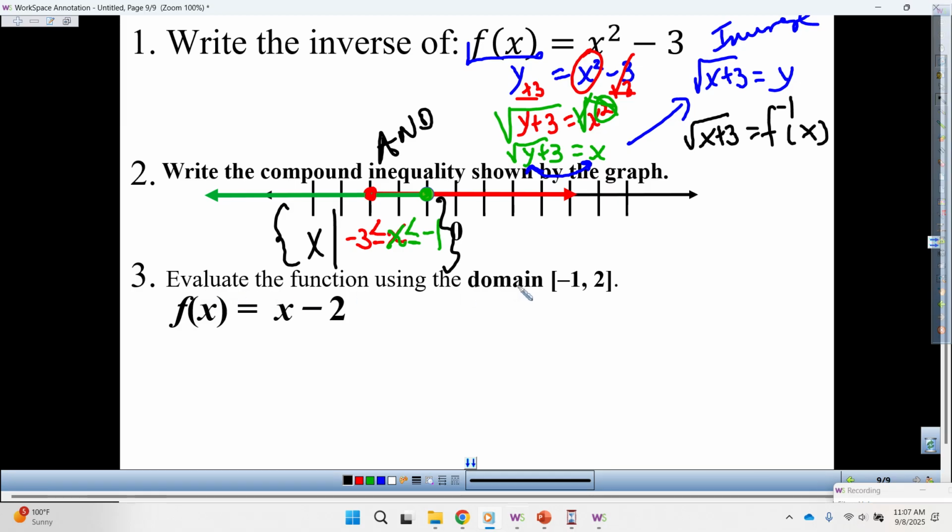All right, let's go with number 3. Evaluate the function using the domain bracket -1, comma 2. Tell your neighbor what numbers are we going to use according to that notation. Talk it over to your neighbor. What numbers are we using? All right. Looks like Jaime's got it.